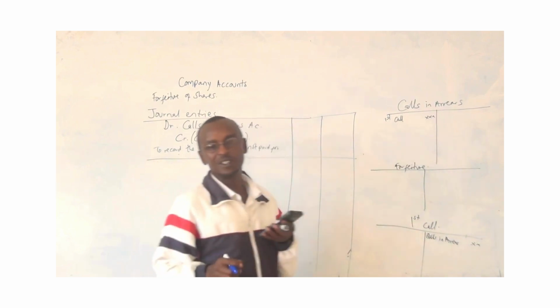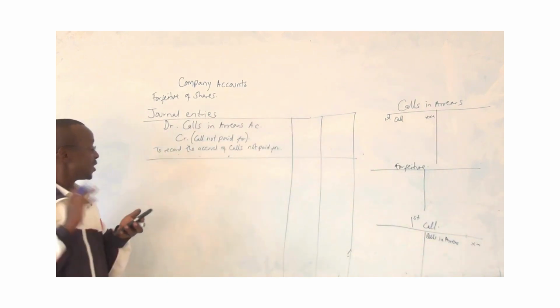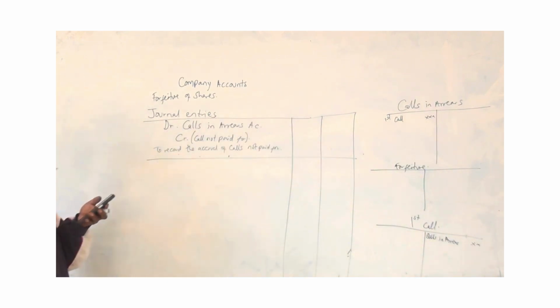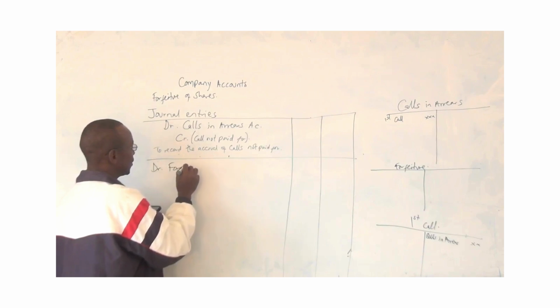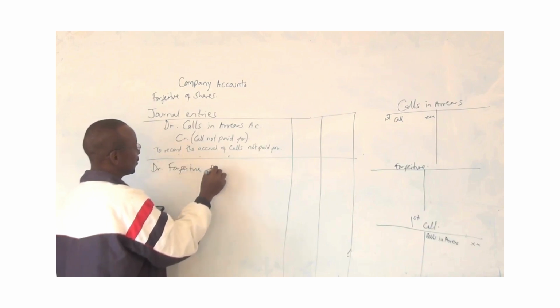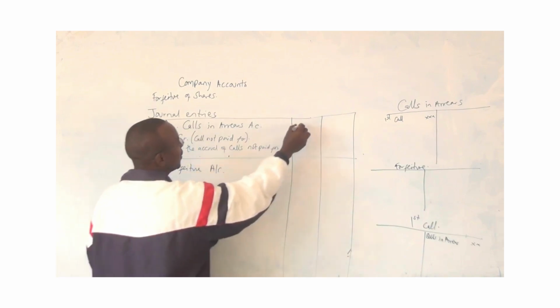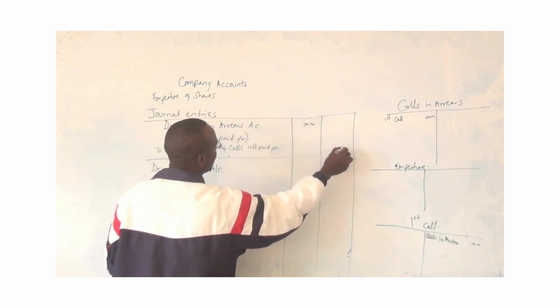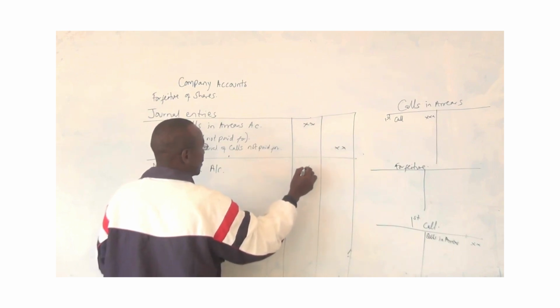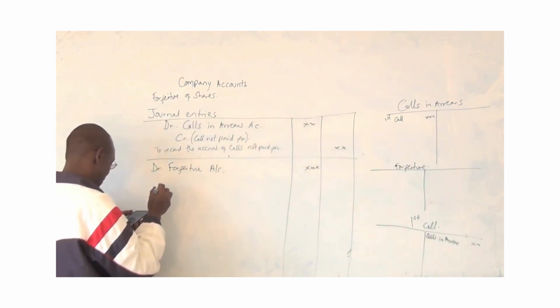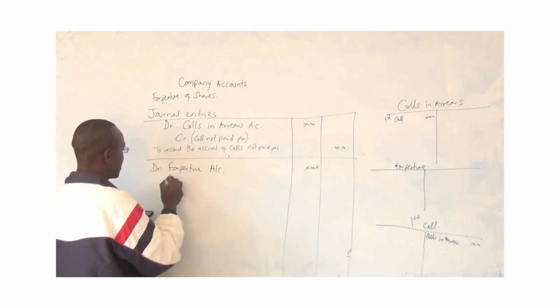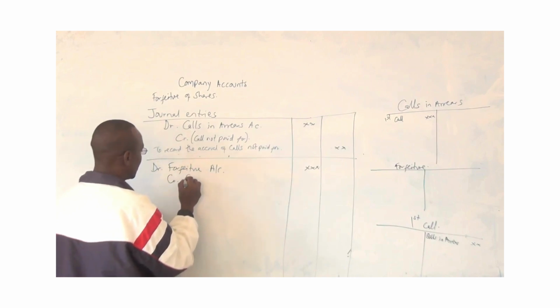And now the same procedure. So the second thing that you do, you will debit forfeiture account. Debit forfeiture account and credit calls in arrears.